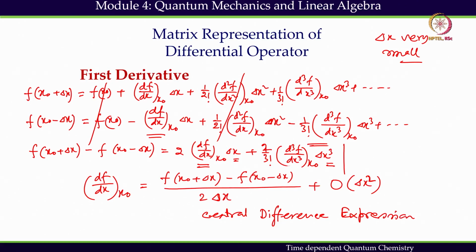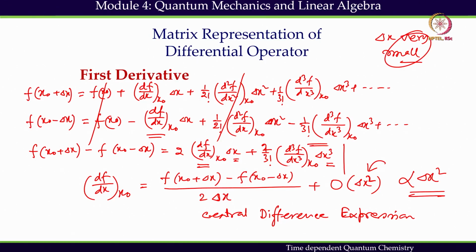This is called the central difference expression, and what we see is that this is a better way of finding the first derivative, because this error is now proportional to delta x square. So, by selecting a very small delta x, I will be able to reduce the error quadratically.